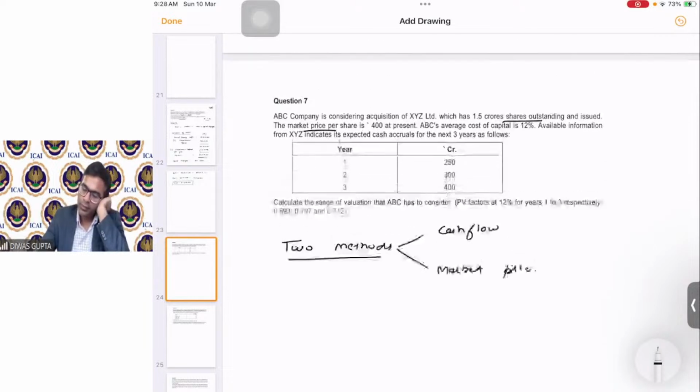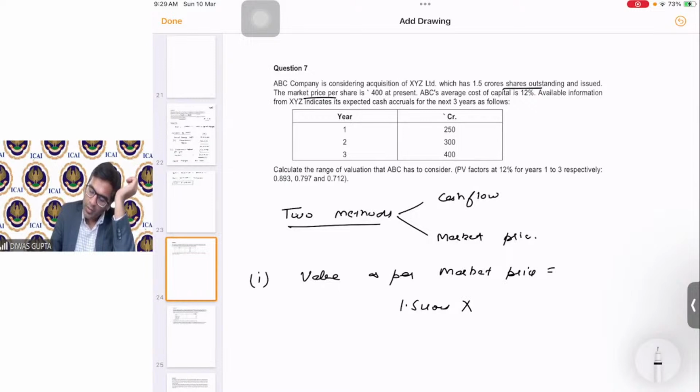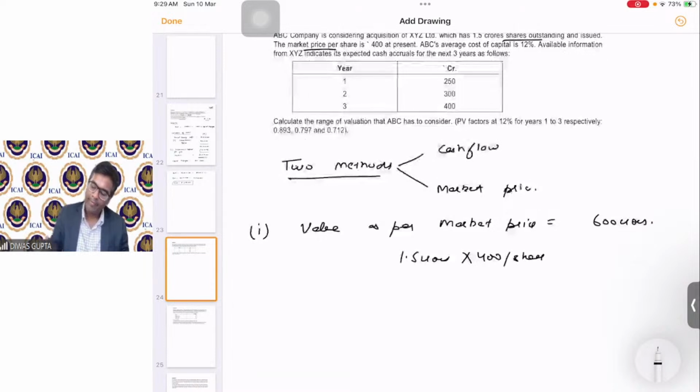So, the value as per market price is equal to how much are the shares? 1.5 crores are the number of shares. 400 per share is the value. So it becomes 400 into 1.5. So 600 crores is the value as per market price.